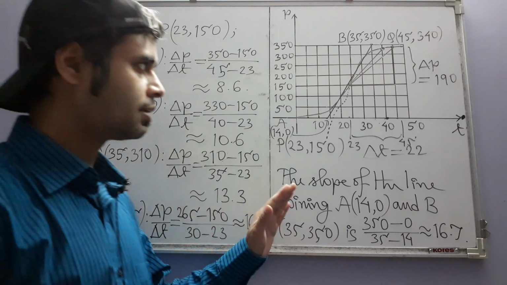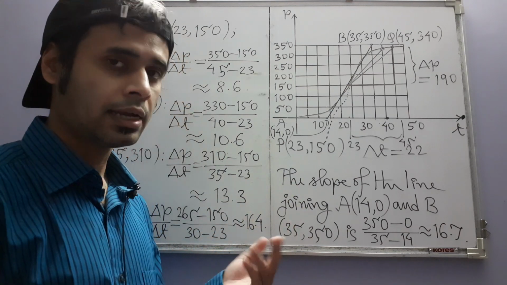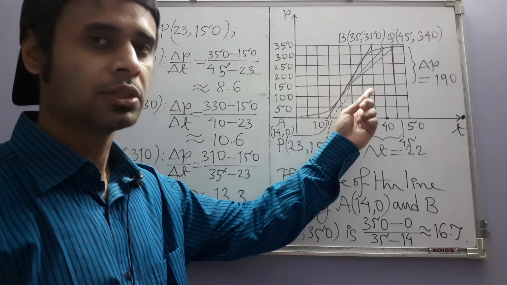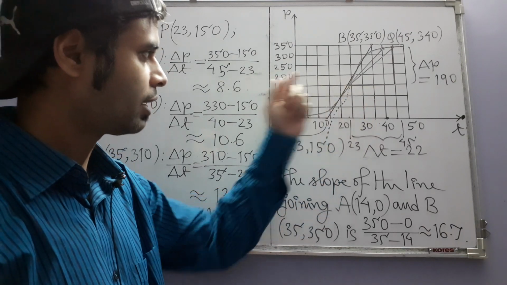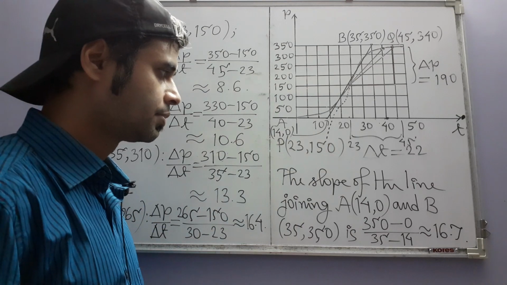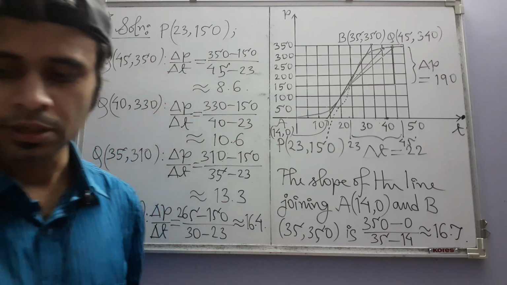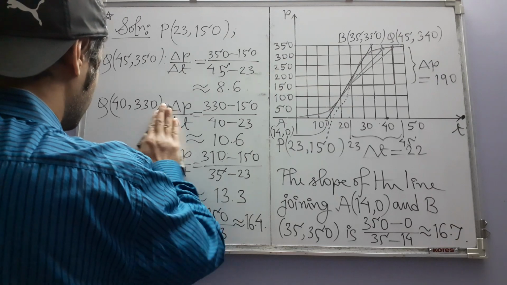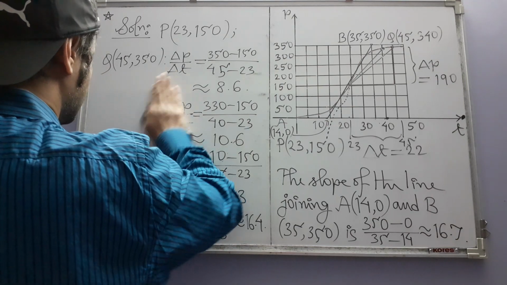And this line is in fact called a tangent to the curve, precisely the tangent to the curve at this point P. We will see the definition of an actual tangent based on the notion of derivatives.